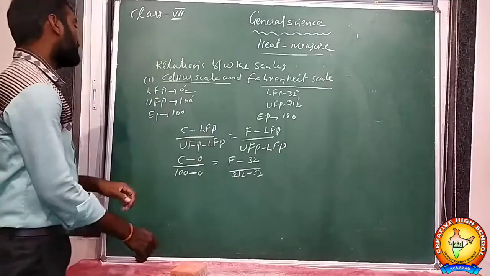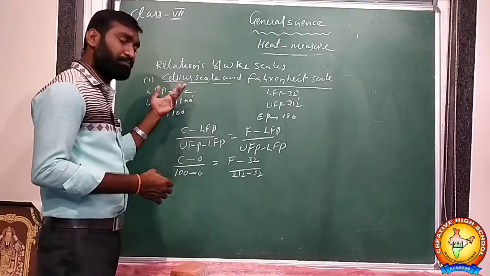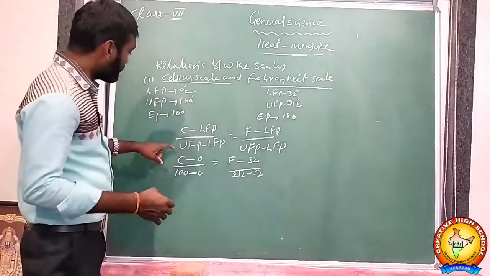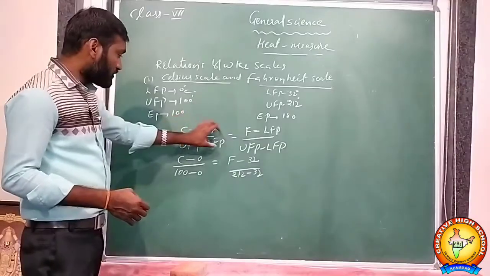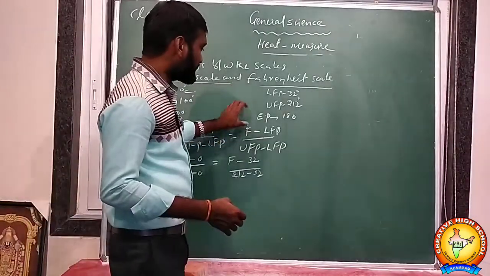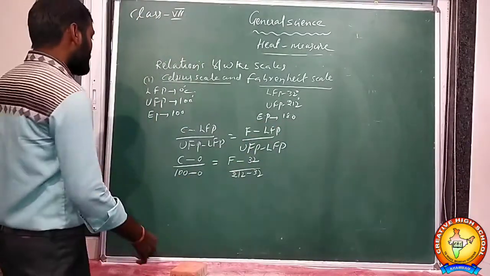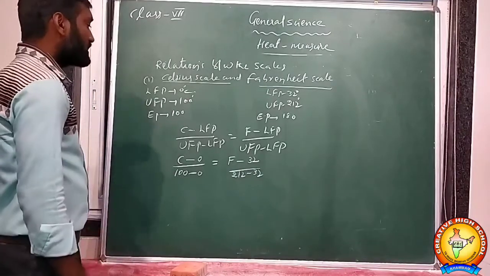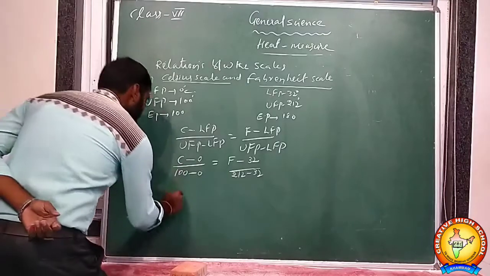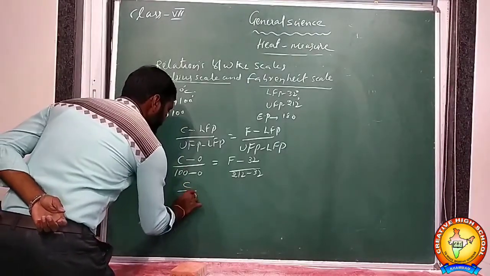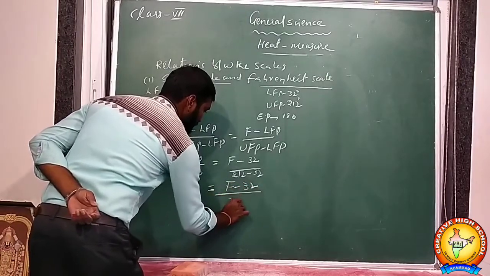If other scales are used, you can use the same formula; if you take K, you write K. Whichever scale you take, that should be written there. So C minus 0 by 100 minus 0 is equal to F minus 32 by 212 minus 32. So C by 100 is equal to F minus 32 by 212 minus 32.